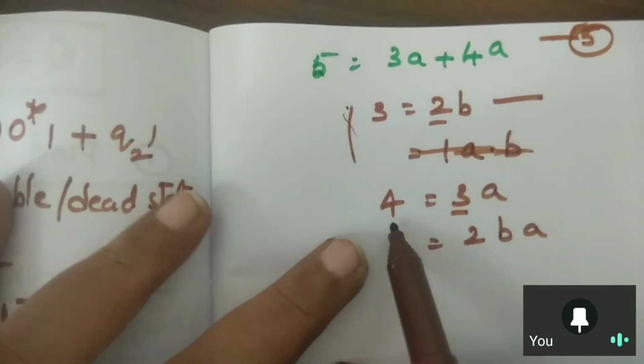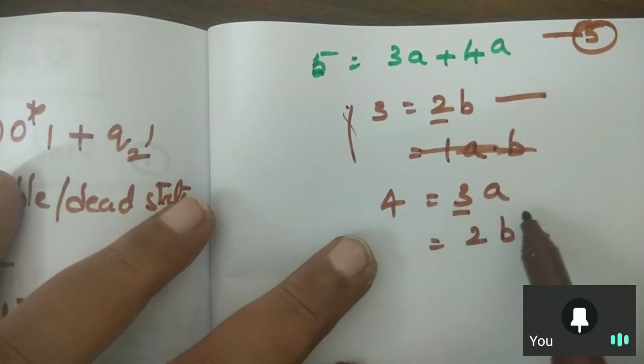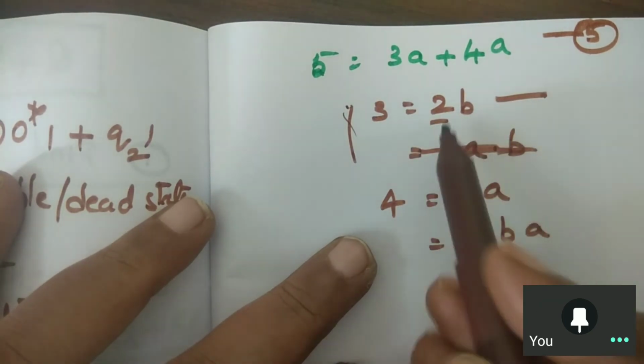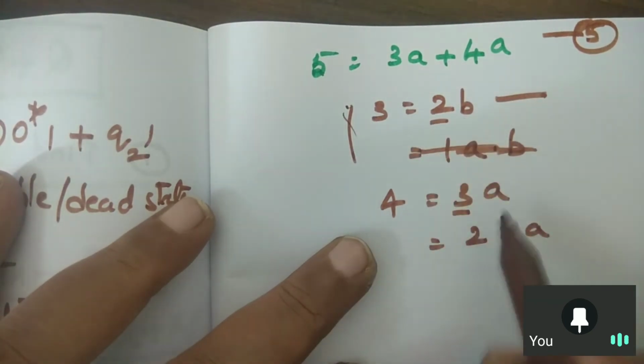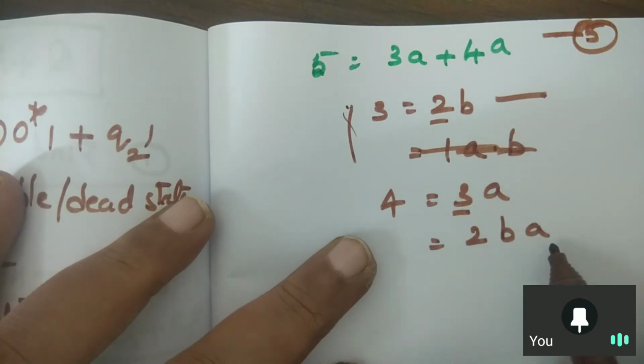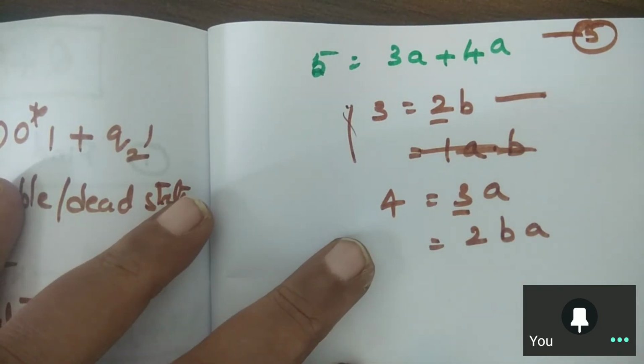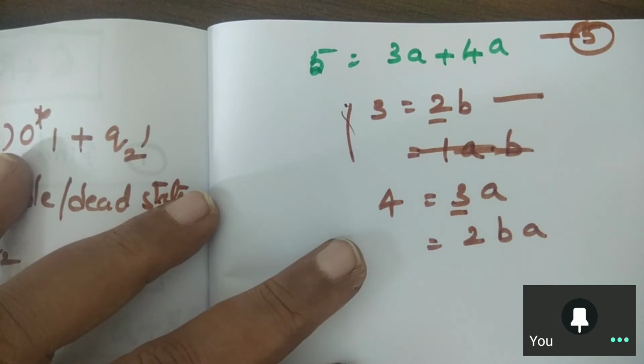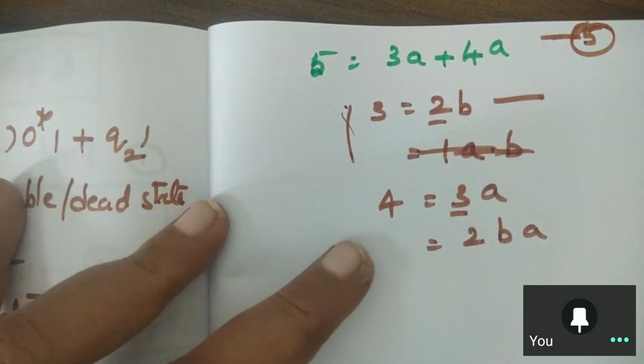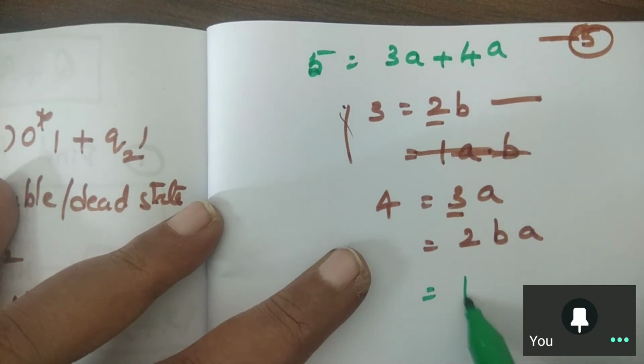So if you take equation 4, it can be written as 3a. So in place of 3 I have the value 2b. So I have just substituted 2b and a. So then again if you see 2, it is 1a, 1a, b, a.